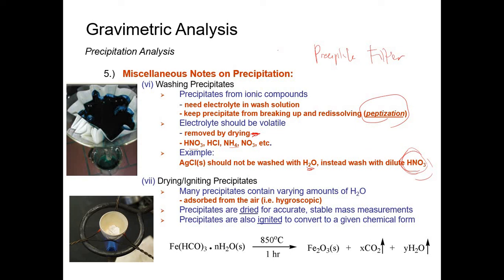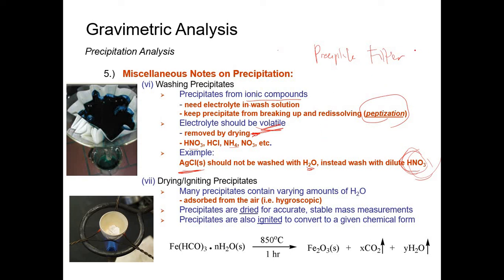So for example, ang silver chloride, you need to wash it with nitric acid. So usually, ang imong gamiton pang wash are ionic compounds. Volatile nga substances ang imong i-wash.